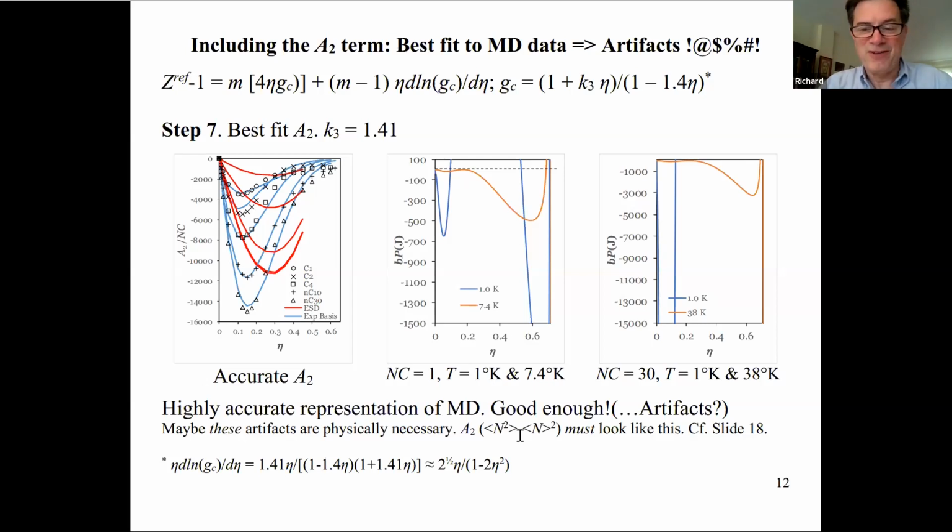If we could set 50 Kelvin as a baseline, then we could do so much better. You can see that with this really good reproduction of the molecular simulation results, we can go to 38 Kelvin, even with an n-alkane as long as C30.